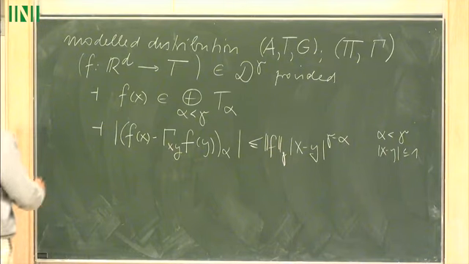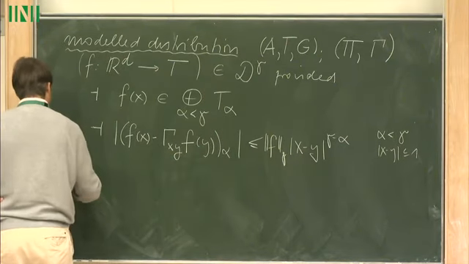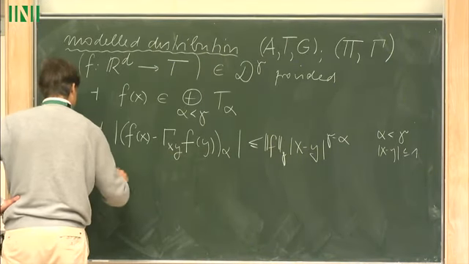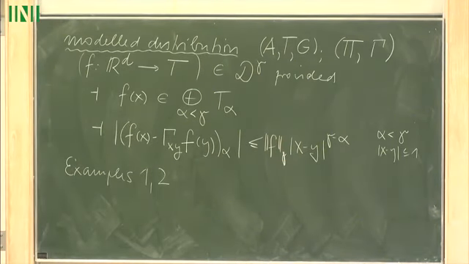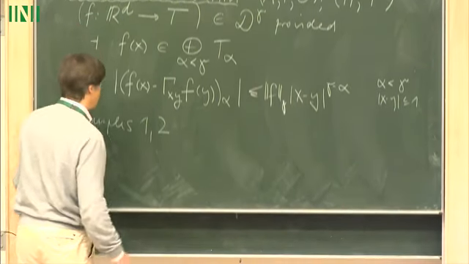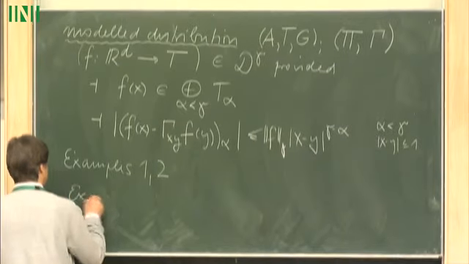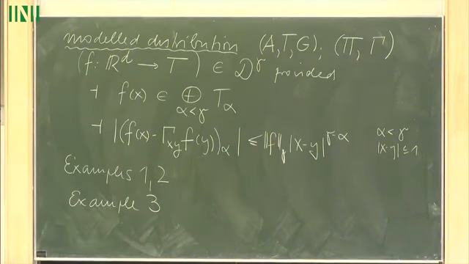So that was the definition of a model distribution, and I gave already two examples which showed that this was really a generalization of Hölder spaces. But then I announced a third example, which was related to my toy model.